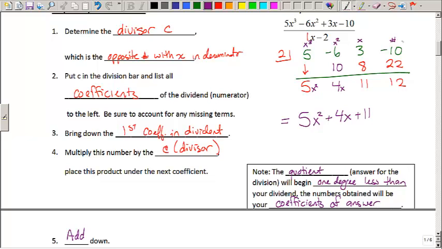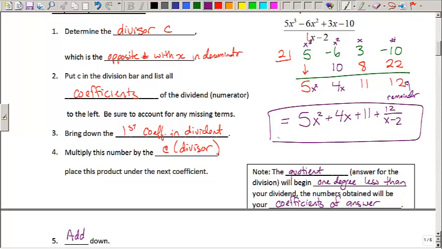This was my constant term column, so now this is going to be my remainder. And the way we write our remainder is 12 over x minus 2. So that is our final answer for this division problem using synthetic division.